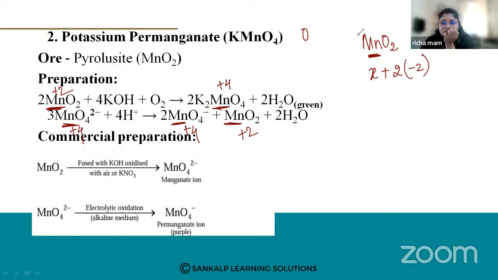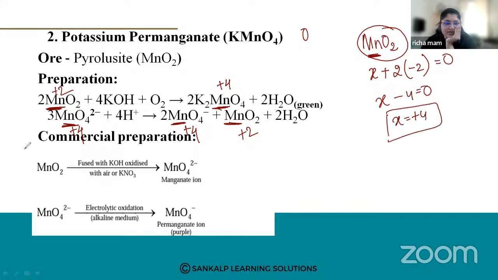The whole charge on this is 0. So X minus 4 equals 0, so if you transfer it, X equals +4. So the charge is +4.